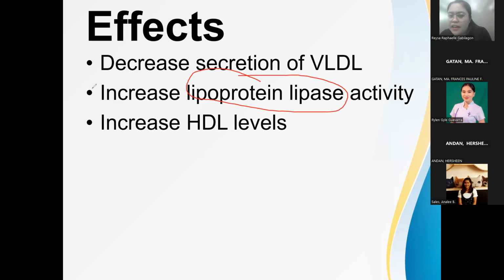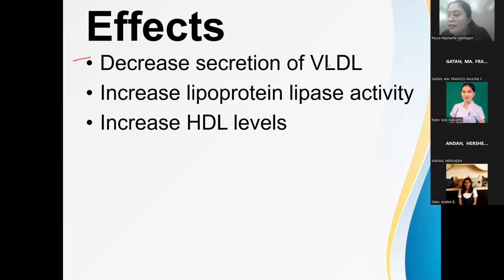So kaya yung effect niya, kapag na-activate mo yung receptor, ma-activate mo din yung enzyme na ito. So parang sequel na siya, no? Tuloy-tuloy na siya na activity. Okay? So what will happen aside from na-metabolize mo yung lipids mo kasi nga activated yung enzyme, magdi-decrease yung secretion of VLDL.